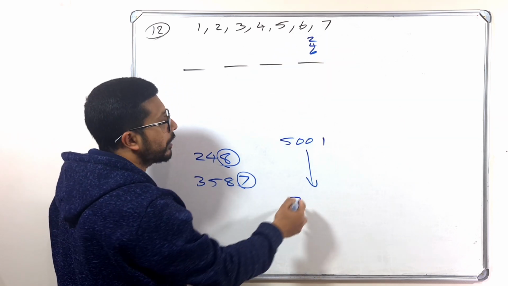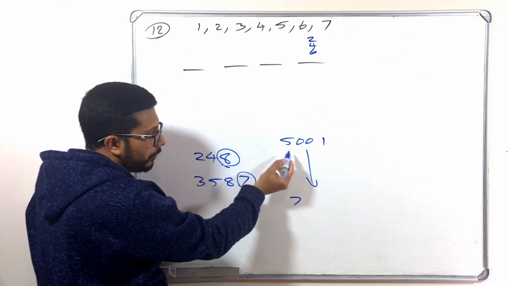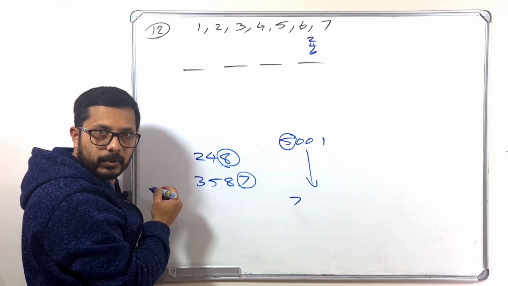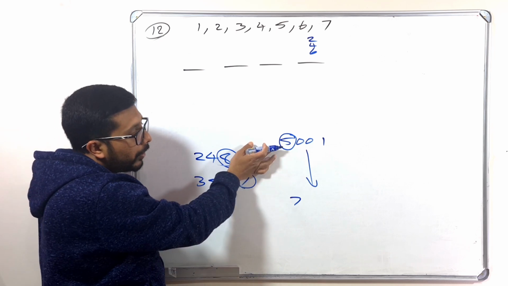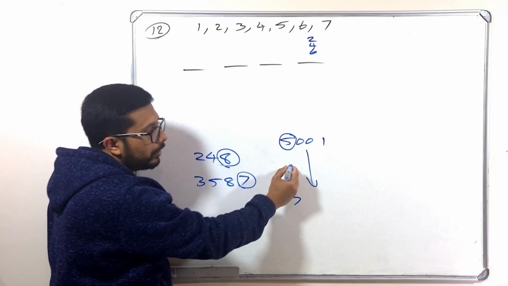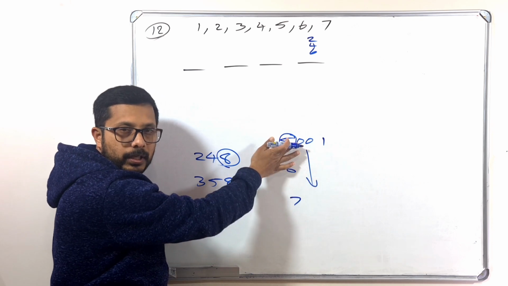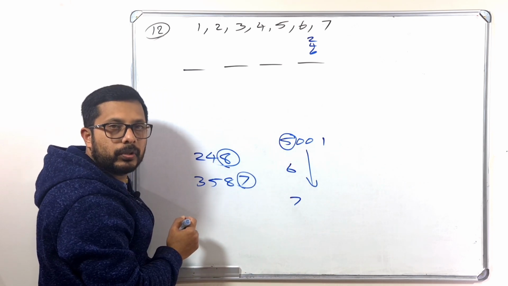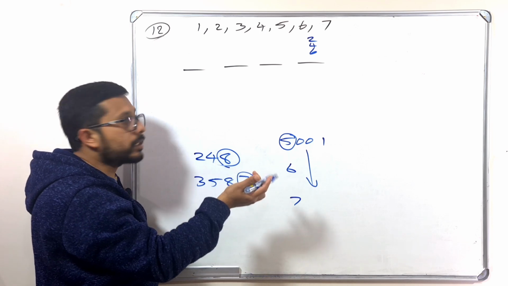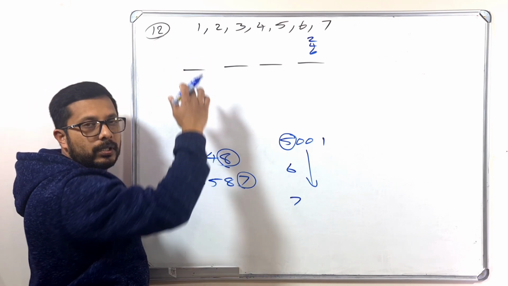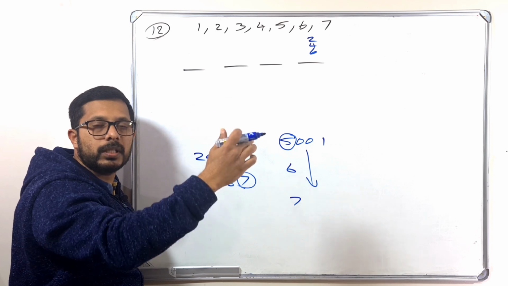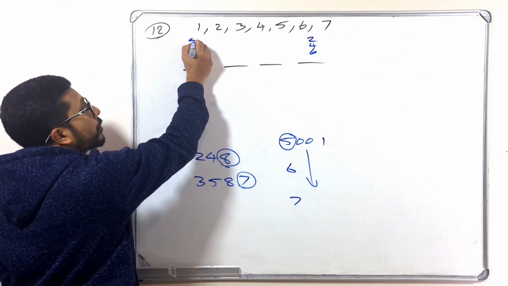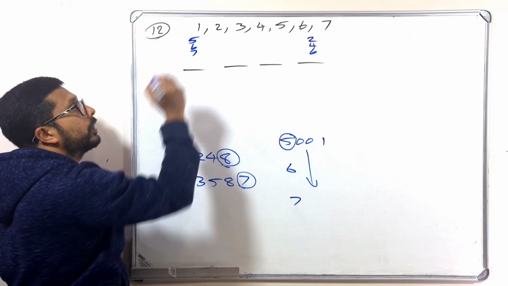Look at the first number: 5, and any number bigger than 5. 6000 is also bigger than 5000, and 7000 is also bigger. So a number bigger than 5000 means the first number must be 5, 6 or 7.